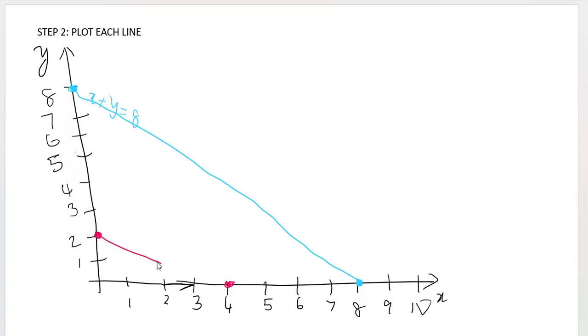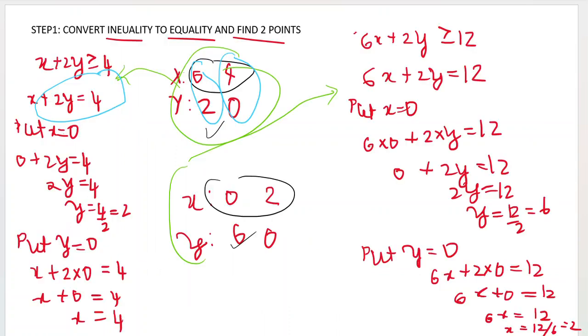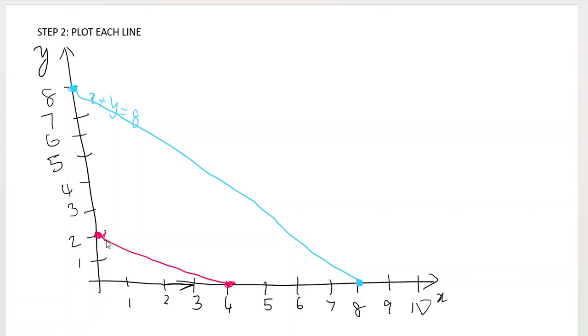We join these 2 points by a line and we write the equation of the line there: x plus 2y is equal to 4.